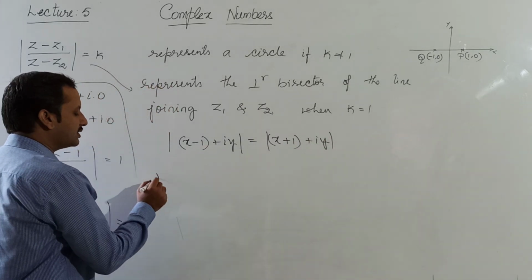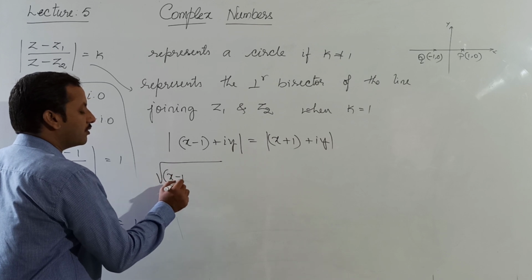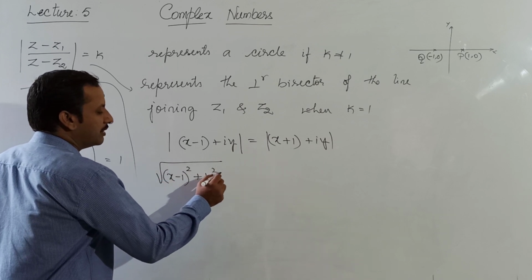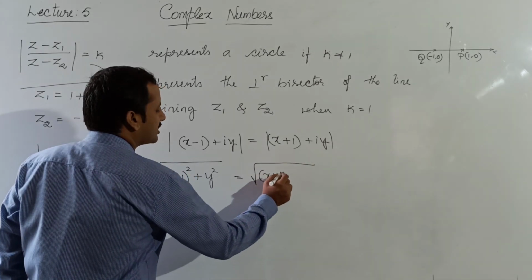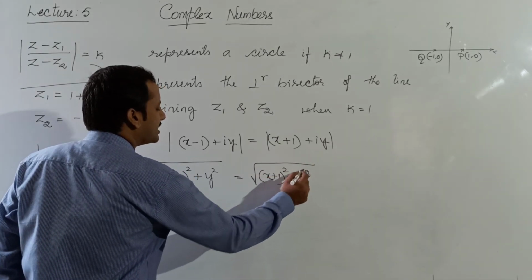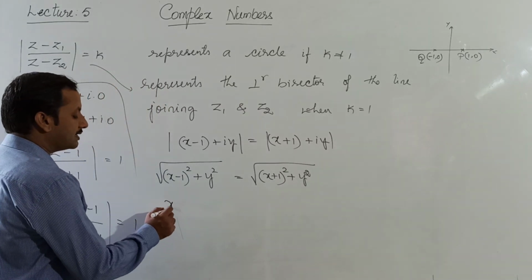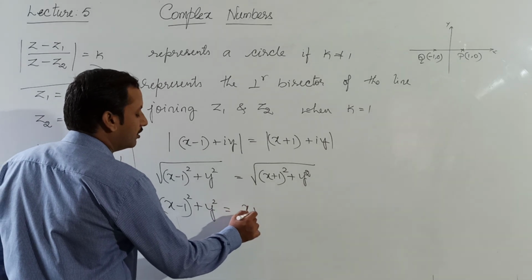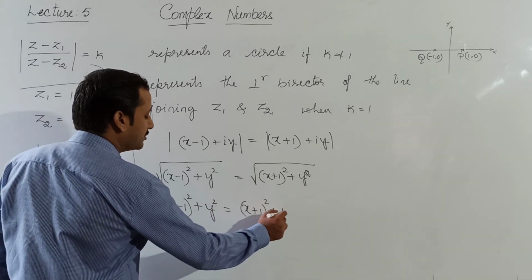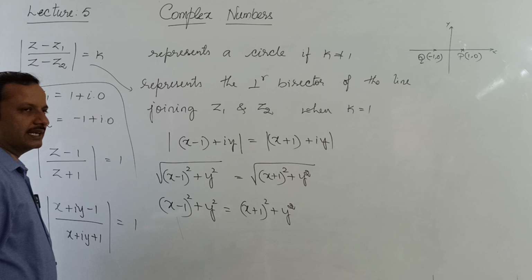Now the modulus of this is square root of (x minus 1) whole square plus y square, equal to square root of (x plus 1) whole square plus y square. Squaring this, we get (x minus 1) whole square plus y square equal to (x plus 1) whole square plus y square. This y square we can cancel.